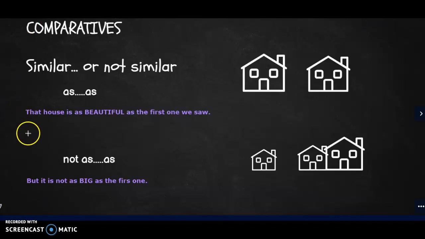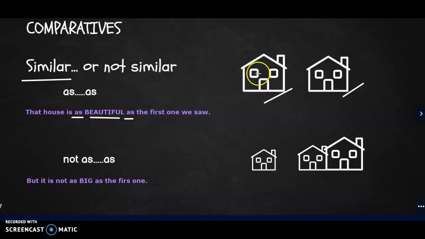That house is as beautiful as the first one we saw. That means that this house and this house are similar. They are the same. They are very beautiful, both of them. So, as beautiful as the first one we saw.